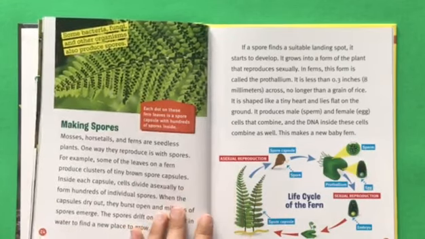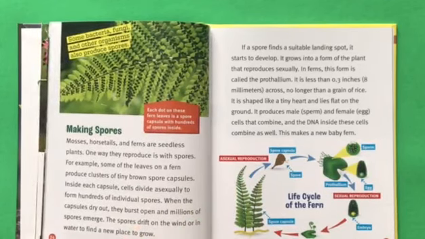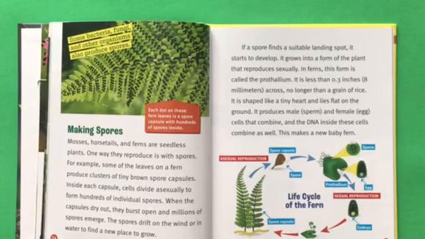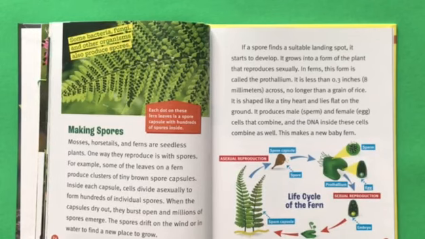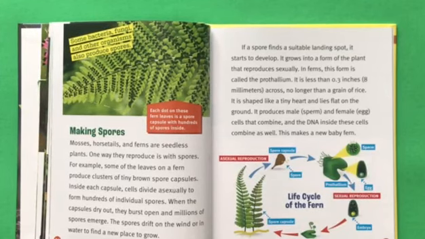If a spore finds a suitable landing spot, it starts to develop. It grows into a form of the plant that reproduces sexually. In ferns, this form is called a prothallus. It is less than 0.3 inches, 8 millimeters, across, no longer than a grain of rice.